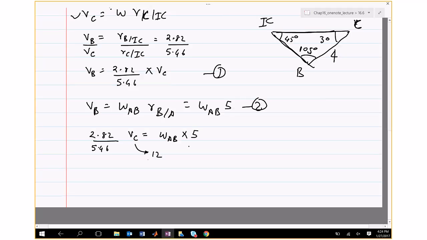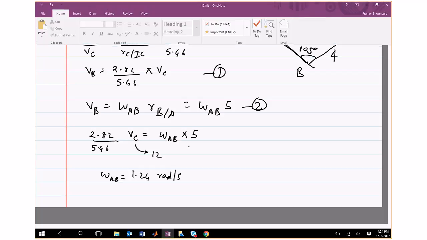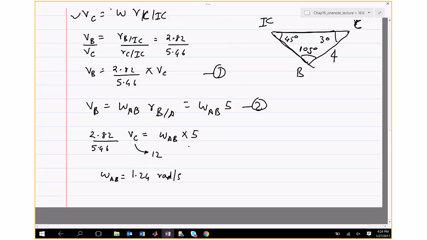So this is one equation, one unknown in omega AB. Omega AB comes out to be 1.24 radians per second. So that's the answer.